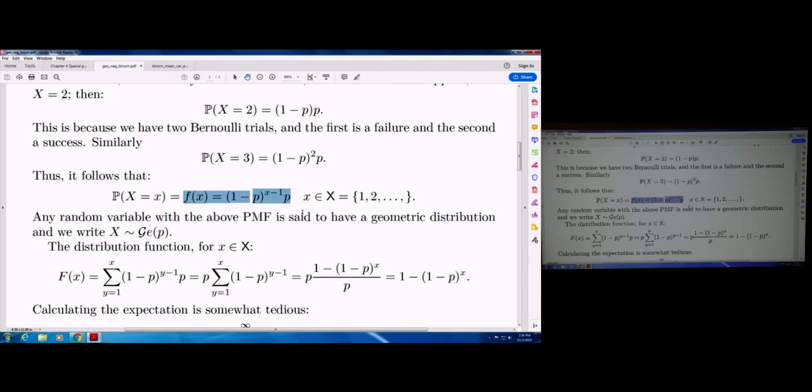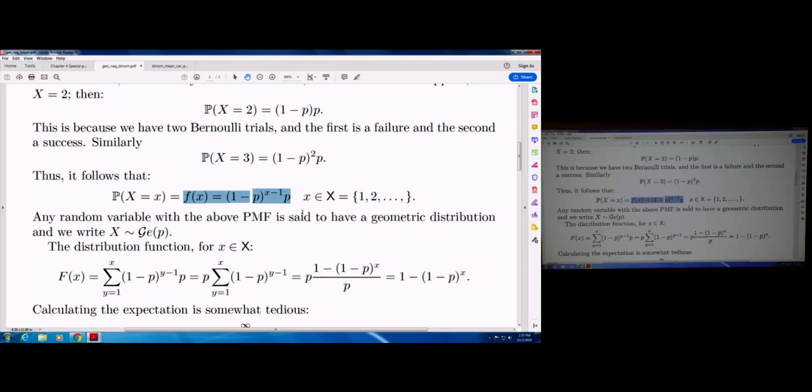The reason is, to achieve the first success in x trials, you have to have in a row x minus 1 failures, and then the last one is a success. So there's no combinatorial term, because there's only one way to achieve this. Let me repeat the context one more time.